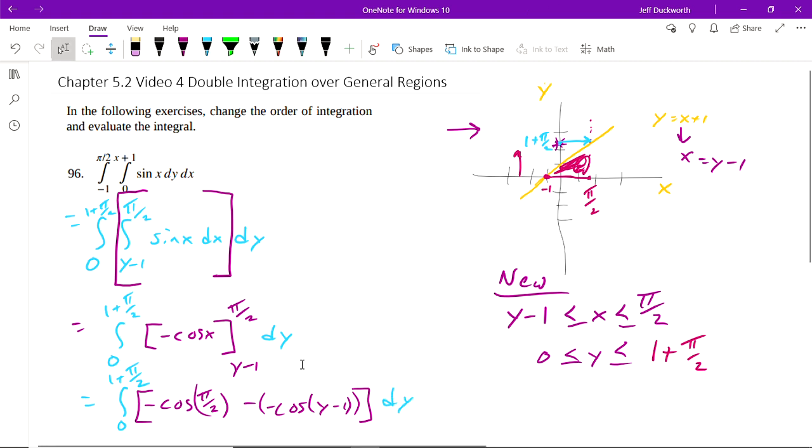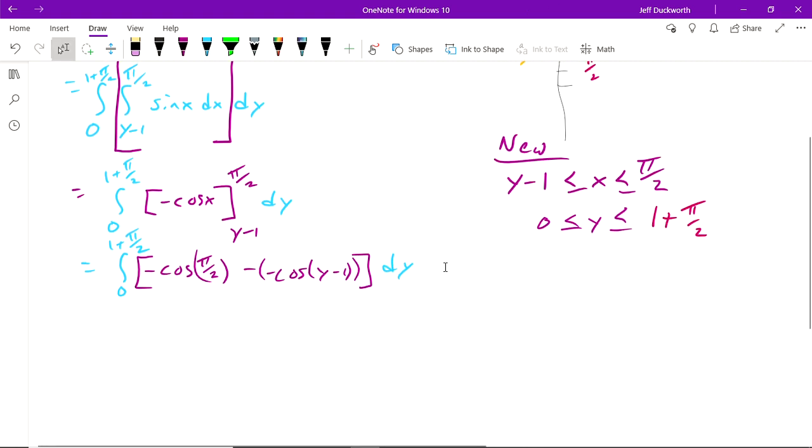All right, so we can evaluate at pi by 2. At pi by 2, that's just 0, right? So this part here equals 0. So we have a positive cosine of y minus 1 evaluated with respect to y.